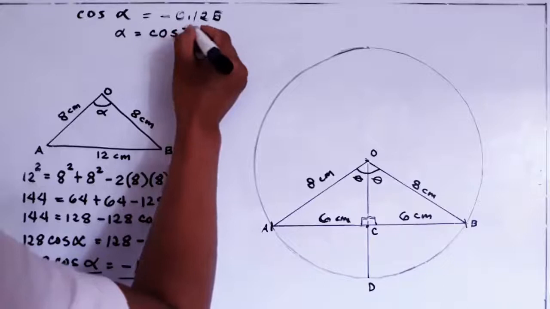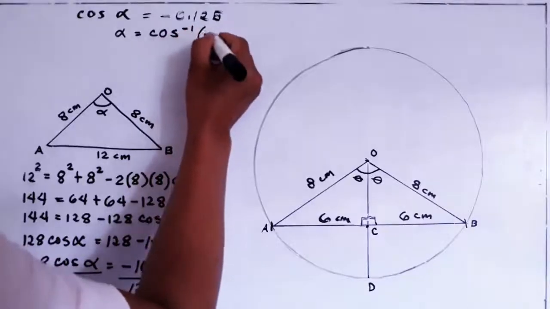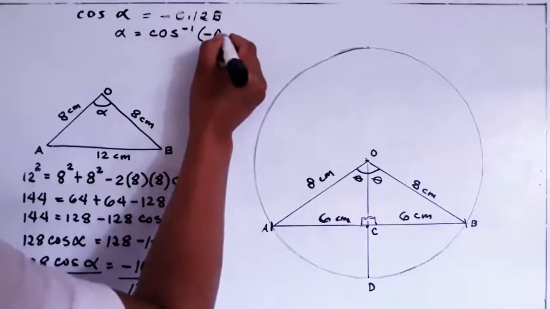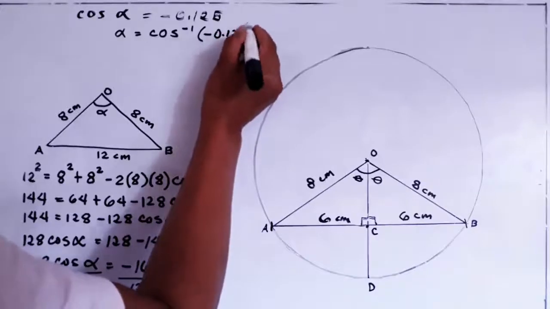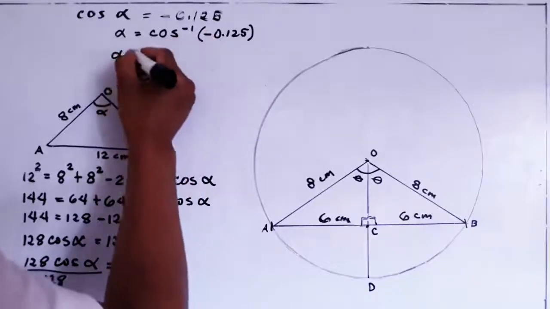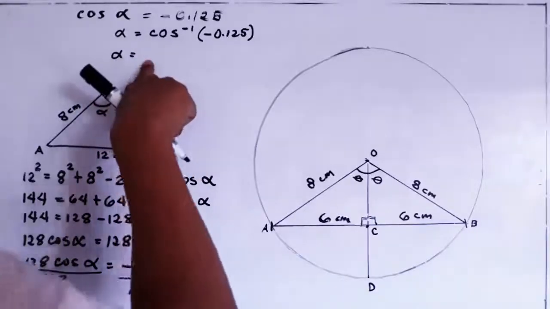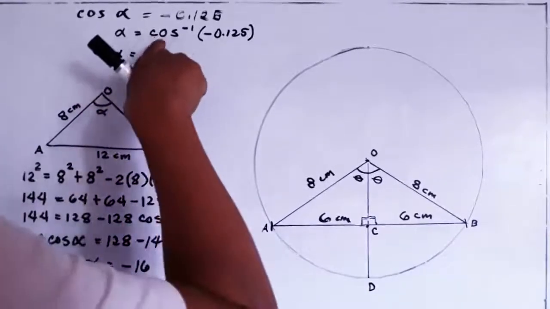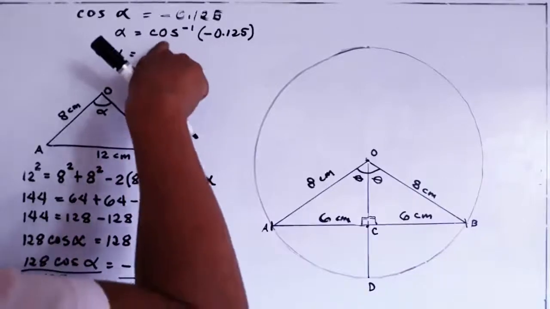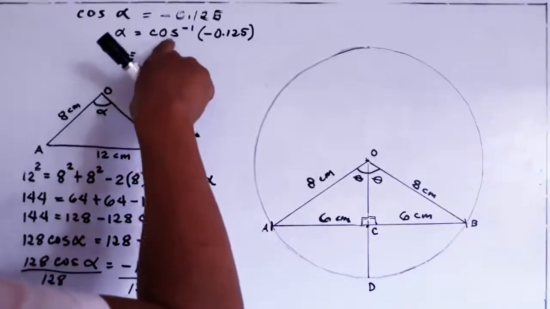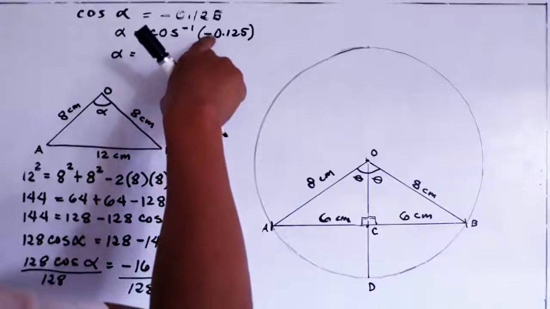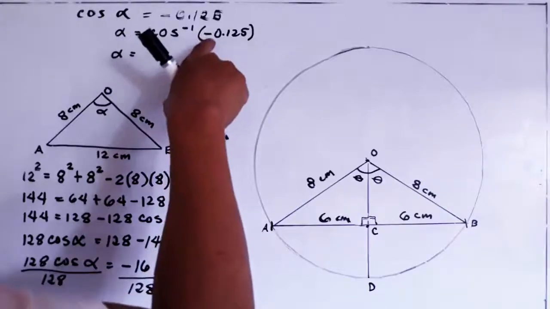And then to solve for alpha is just like the same as the first solution. We have cosine negative 1 enclosed in parentheses. Don't forget the negative 0.125 here. And alpha, again, you press the shift or the inverse or the second F, and then cosine, and you will see that the display will turn into cosine negative 1. And then you press minus.